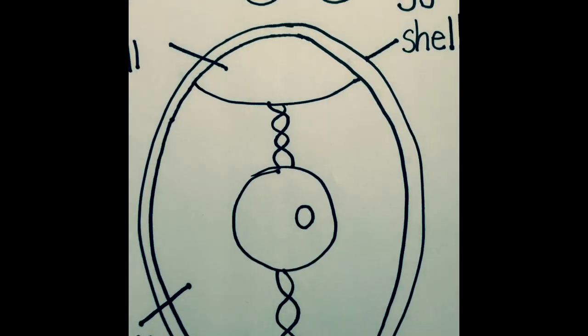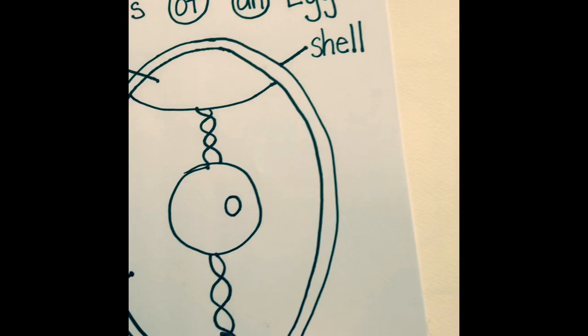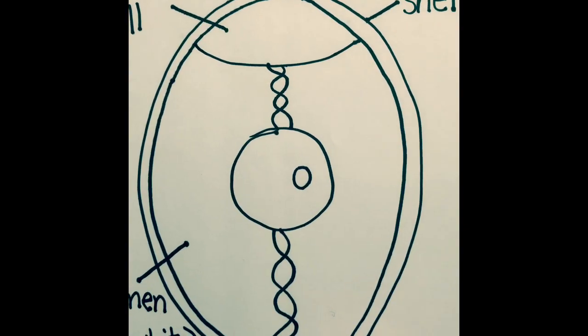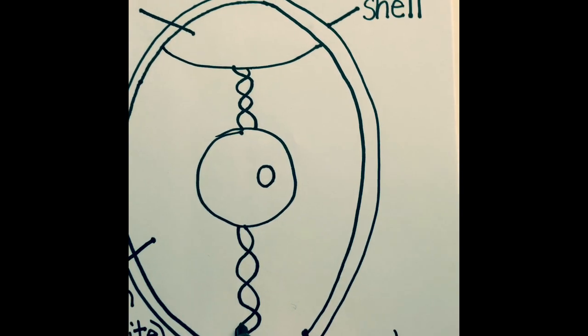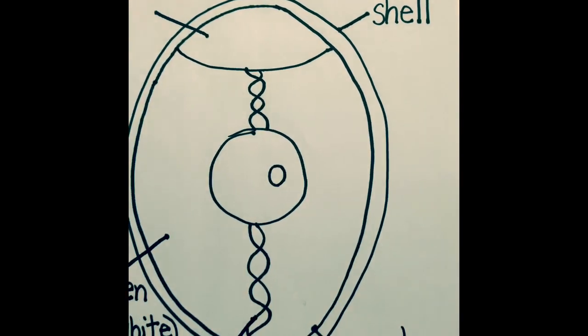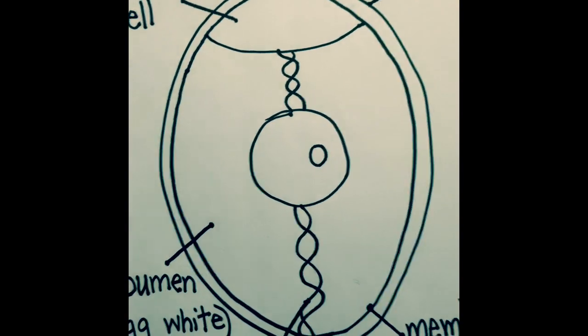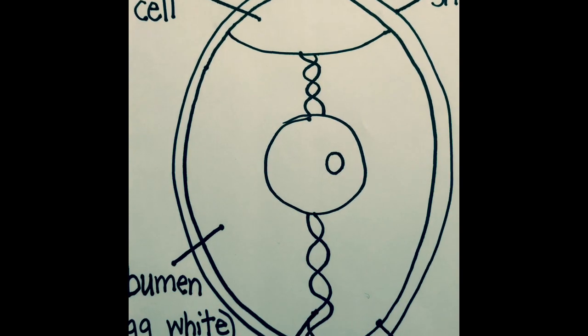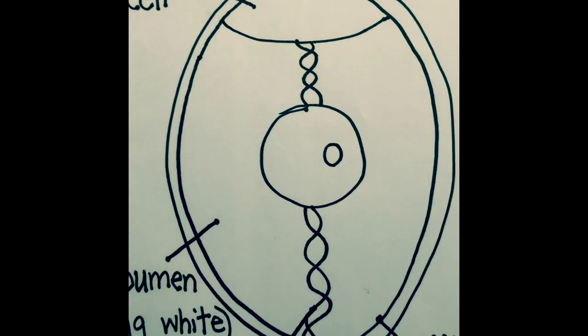All right. We have a couple more parts to label. So here we have the chalaza. And so we are going to draw a line touching the chalaza, bring it out and down. Cha-la-za. So here we have three syllables again, or three chunks.